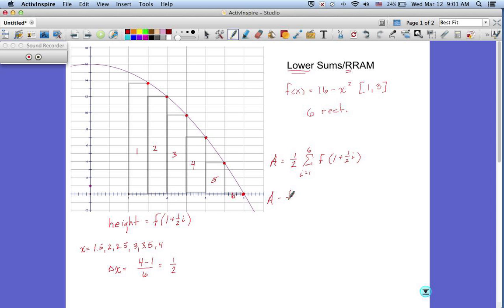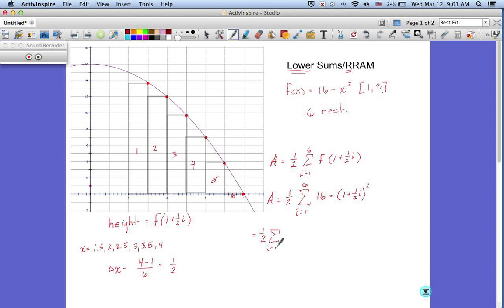So first things first, let's plug in f of 1 plus 1/2 i into our function. So 1/2 times the sum, i going from 1 to 6, of 16 minus, instead of x, I'm plugging in 1 plus 1/2 i, so 16 minus my new x squared.